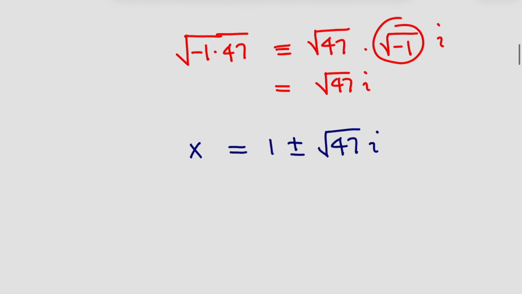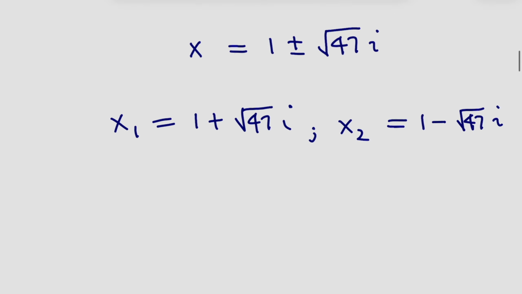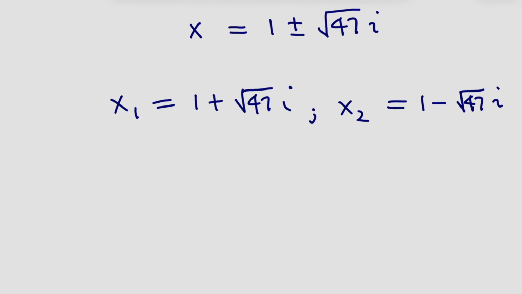And we can also separate this into two different values, given as x1 is equal to 1 plus root 47 i, and x2 is equal to 1 minus root 47 i. Now recall that y is equal to 2 minus x.